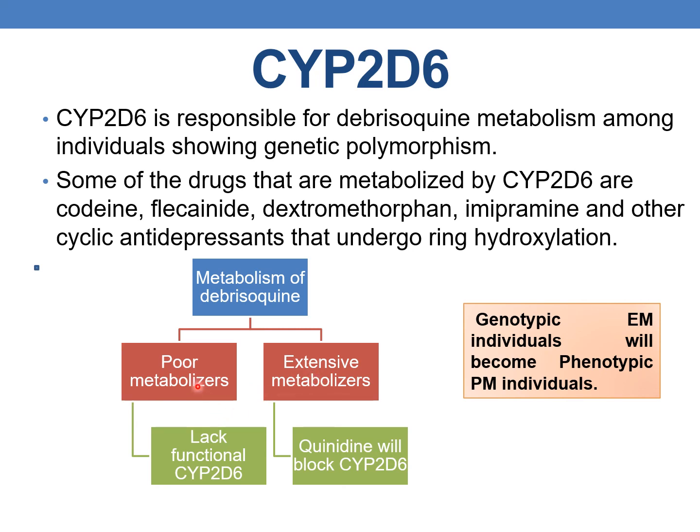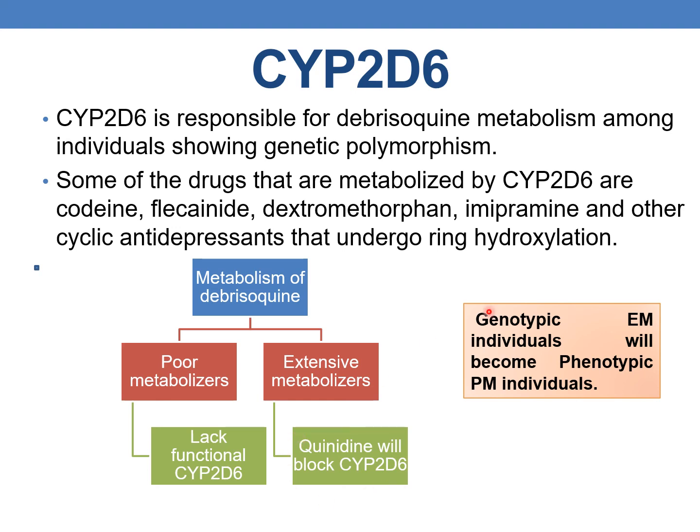The poor metabolizers are the individuals who lack a functional CYP2D6 enzyme, whereas extensive metabolizers extensively metabolize debrisoquine, but when they are treated with quinidine, quinidine blocks the CYP2D6 enzyme.